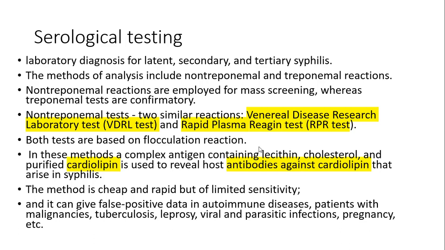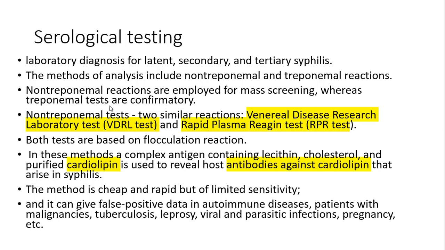And when I told you about Treponema antigens, I said that Treponema's lipid antigen is very similar to the lipid of a eukaryotic cell. That means if the organism has a process with cell destruction, like in autoimmune disease, tuberculosis, malignancies, and others, it can also have antibodies against lipid antigen.